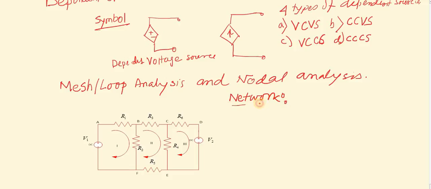A network is any possible interconnection of circuit elements or branches. Say this is a network, and here you can see this is also a network. Any possible interconnection of circuit elements is known as a network.